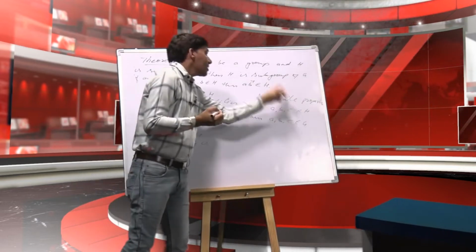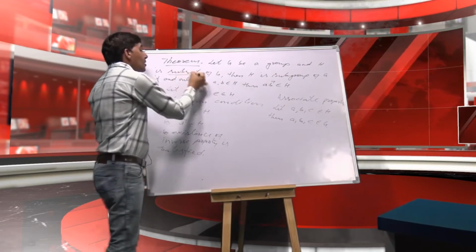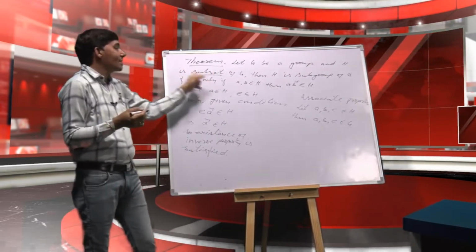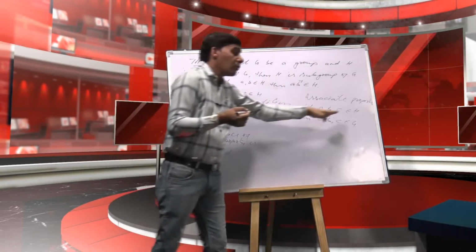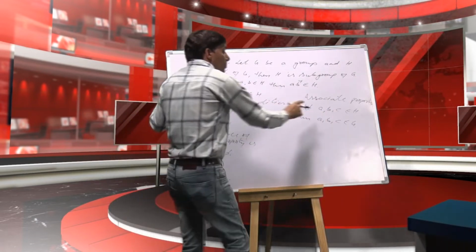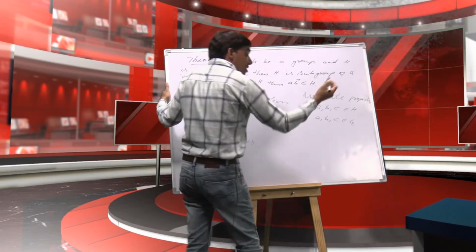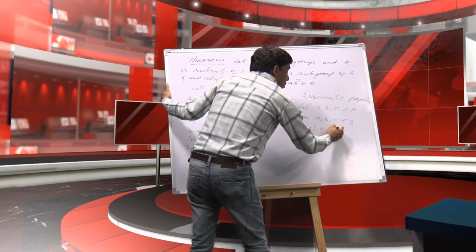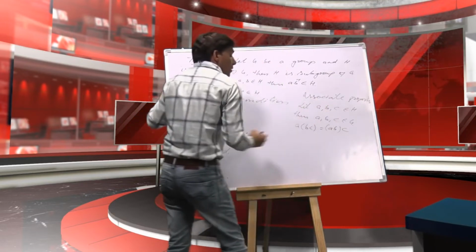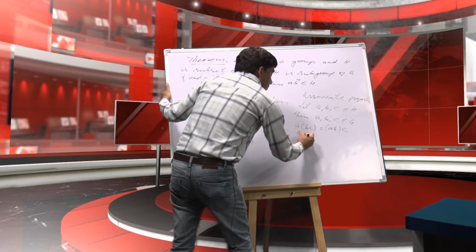Because H is a subset of G, as given in our question. That means every element of H is an element of G. But G is a group, therefore a into (b c) is always equal to (a b) into c. Therefore, the associative property is satisfied.